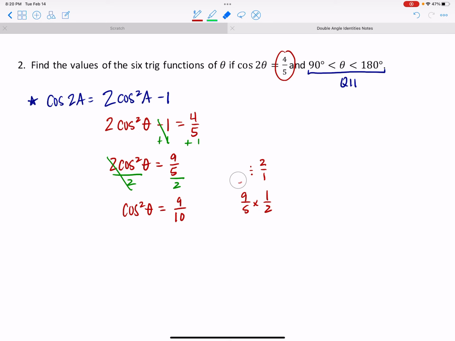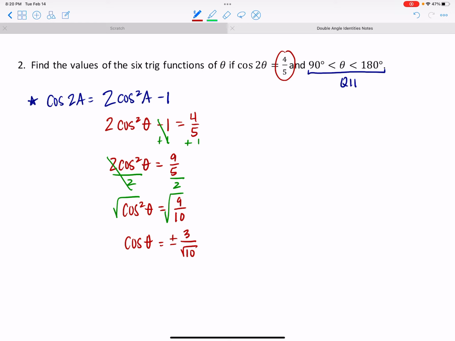And then lastly, so I got rid of minus with plus, got rid of times with divide. I'm going to get rid of the square by taking the square root. So I'm going to end up with the cosine of my angle equal to technically a plus or minus. The square root of 9 I can take to get 3. I can't take the square root of 10, so I have 3 over the radical 10. And eventually we'll rationalize, but I don't want to deal with that just yet.